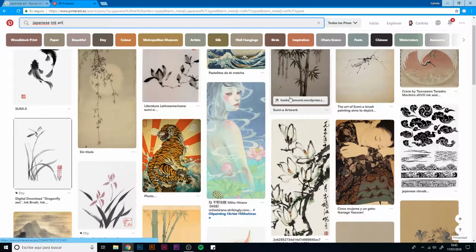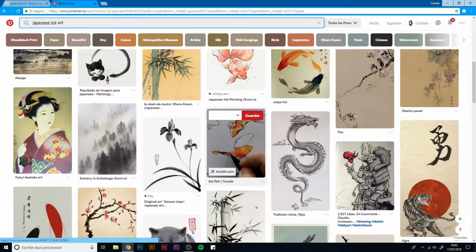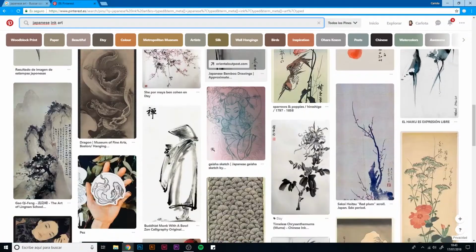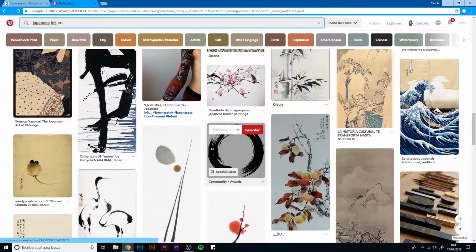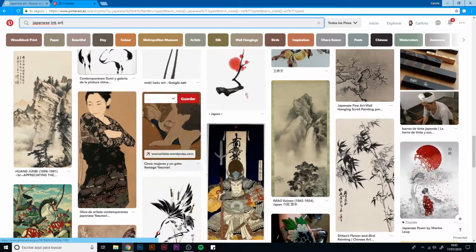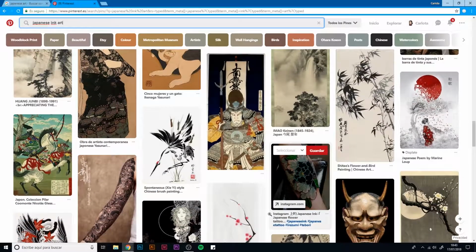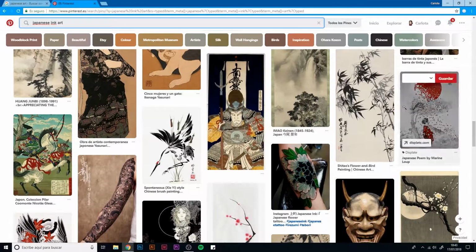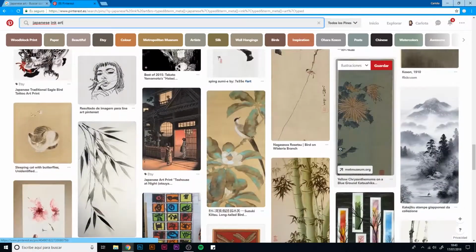Regarding the inking, frequent themes are clouds, flowers, intense, dark, and striking colors. And again, there are lots and numerous images, some of them of birds, others of samurais.